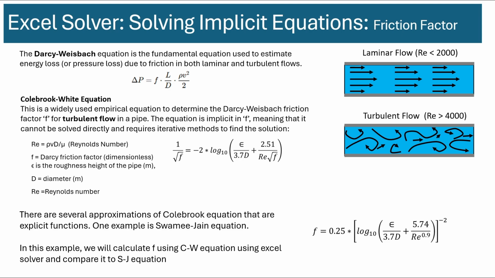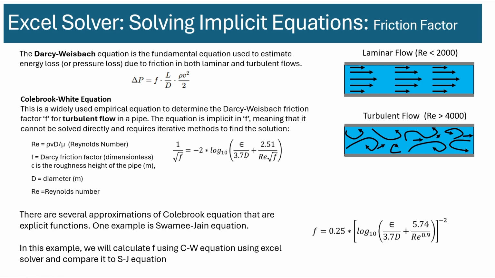This is an example from fluid mechanics. If you have taken a course in fluid mechanics, you are probably familiar with the Darcy-Weisbach equation. It's the fundamental equation used to estimate the head loss or the pressure loss, very commonly used in pipe flows.